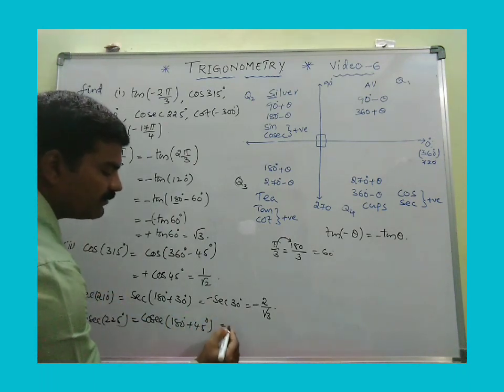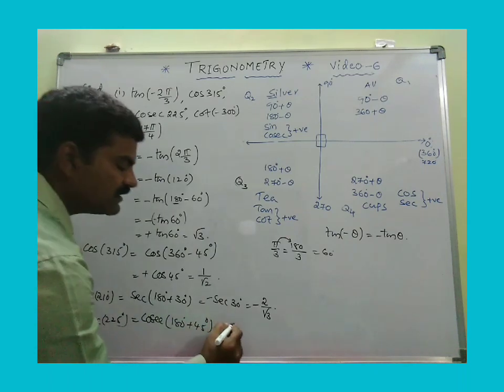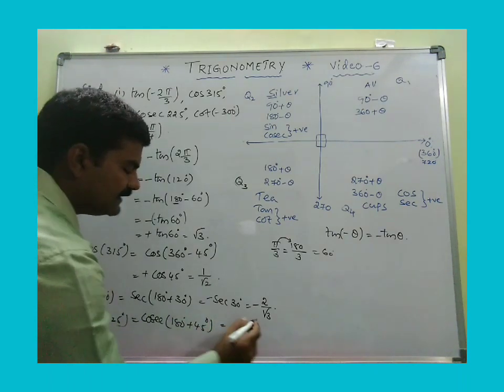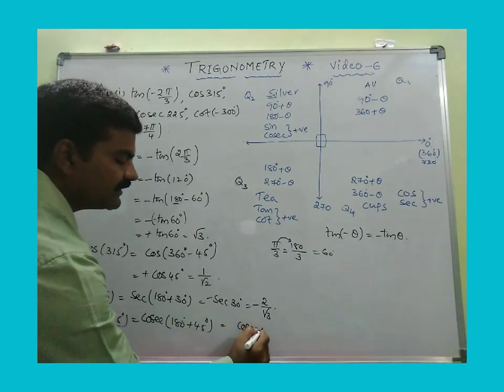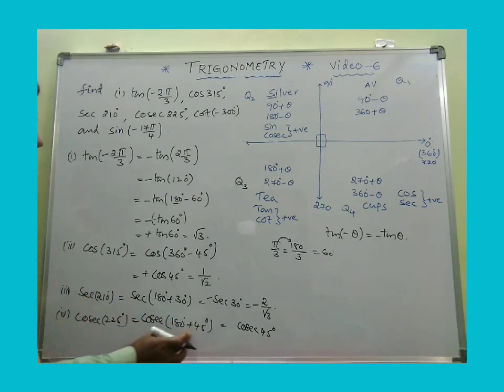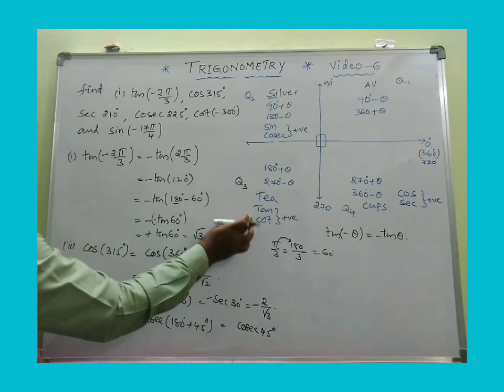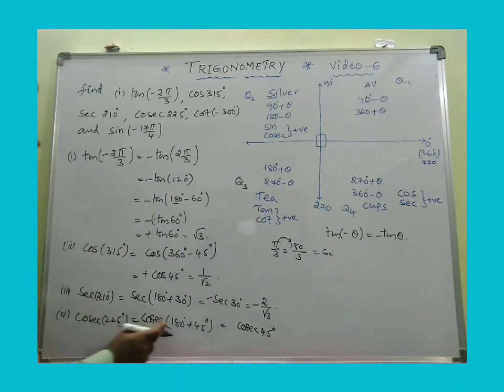Okay, now question number 1: because of 180, no change. Hence cosecant will be cosecant itself, and in place of theta there is 45, so this is 45 degrees. And question number 2, whether it is positive or negative: it is just like 180 plus theta, third quadrant, only tan and cot are positive, but cosecant is negative.